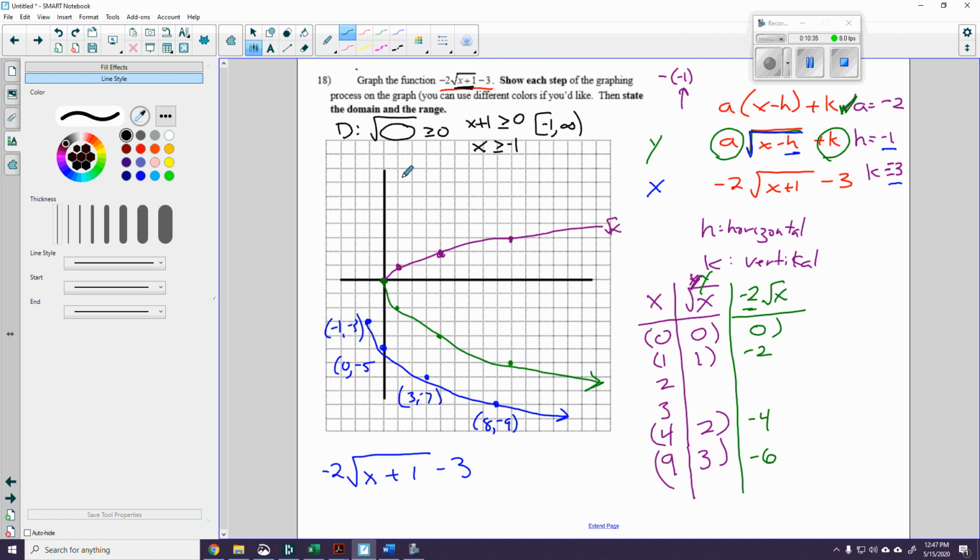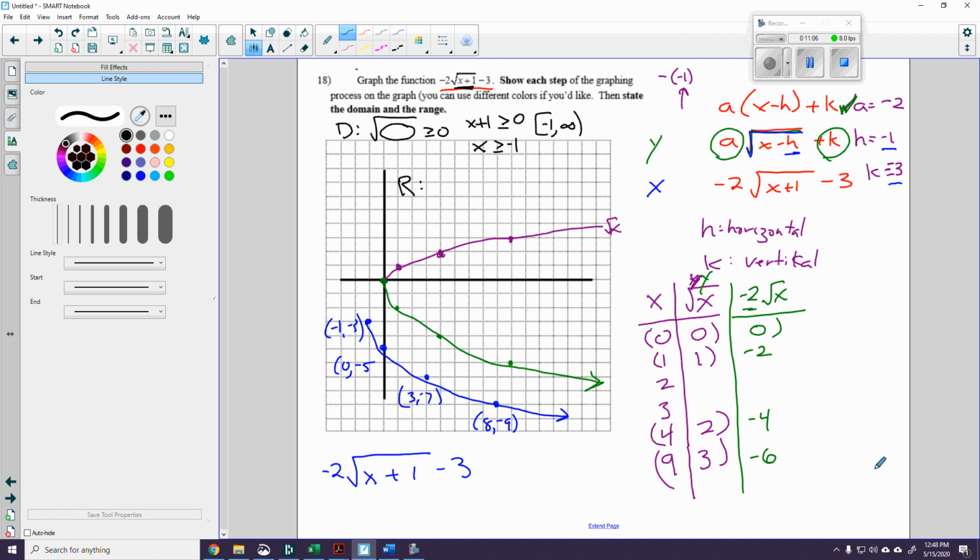For the range, I really need to look at the graph. It's a little bit confusing because we're used to reading left to right, and here I might have to be reading down to up. I want the lowest y value of my blue graph. Well, I can see that this is going to keep going forever to the right, which we got in the domain, but it's also going to keep going down forever and ever and ever.